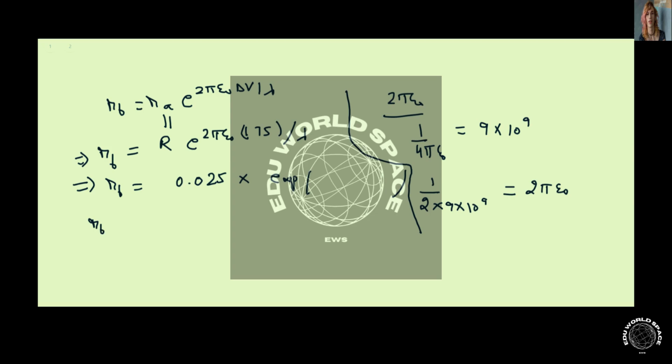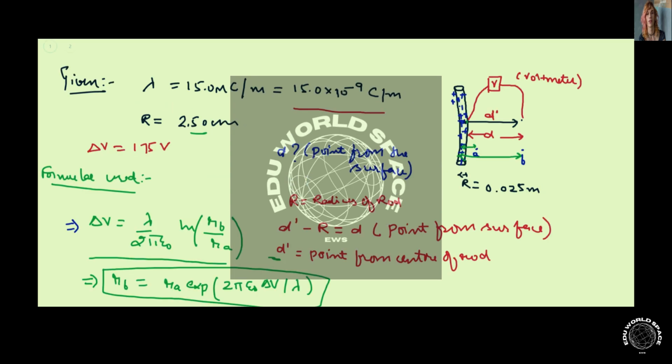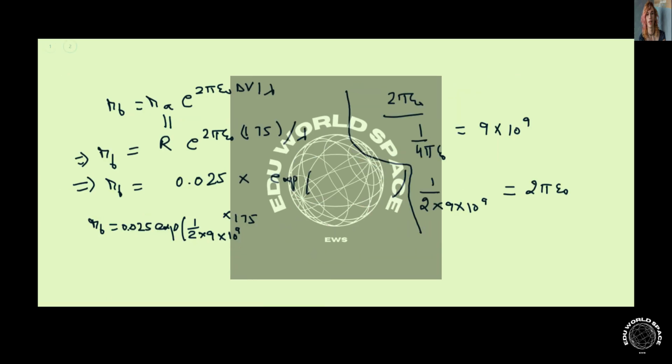Placing this value here, let me write it again. We have 0.025 exponential of 1 over 2 times 9 times 10 raised to power 9, into 175, over lambda, which is 15 nanocoulomb.